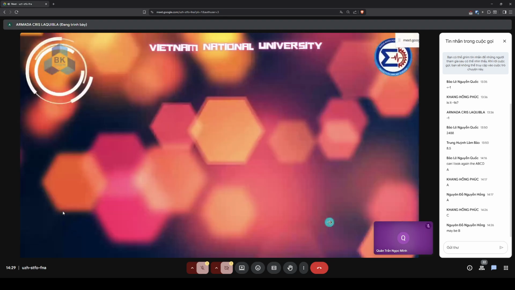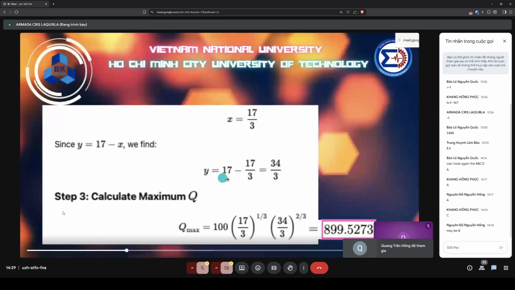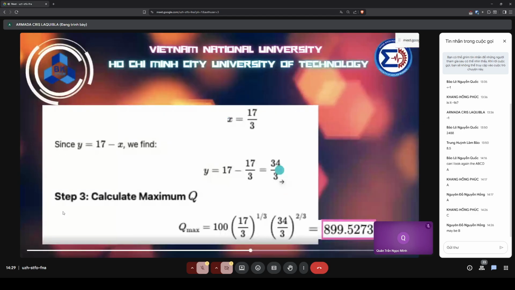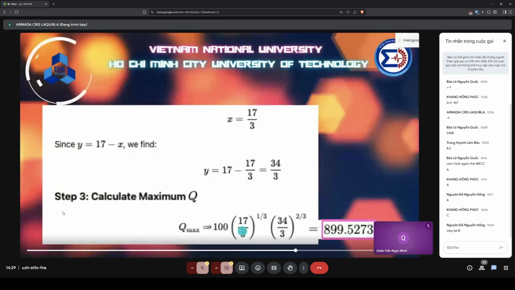Now, if your x is 17 over 3, as I told you, you substitute it in your y value, and you get 34 over 3, because 17 minus 17 over 3 is 34 over 3. Then these 2 values are now your critical point x, y, and you only have one critical point there. Then you substitute it here, and this is now 899.5273.